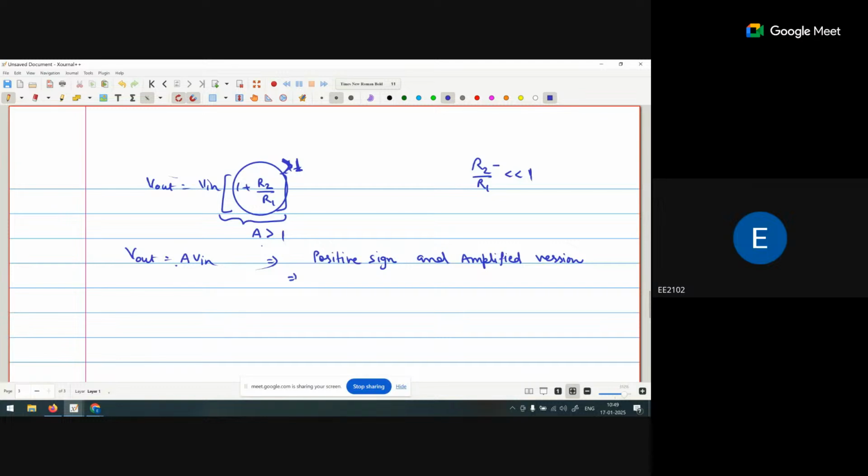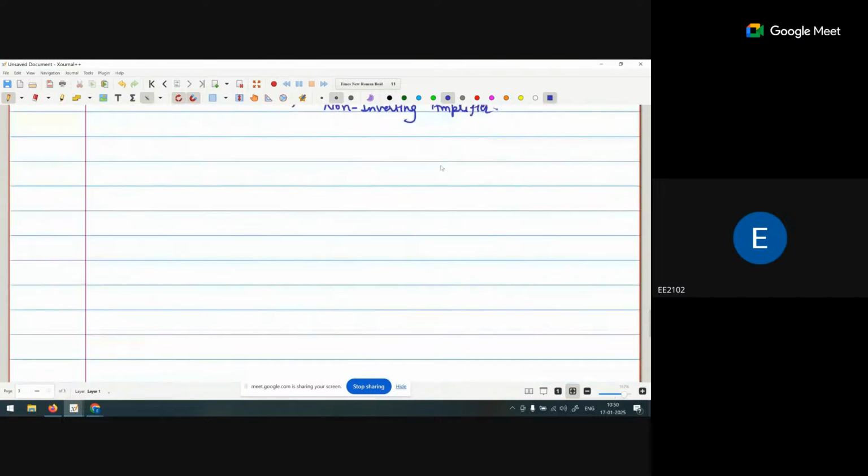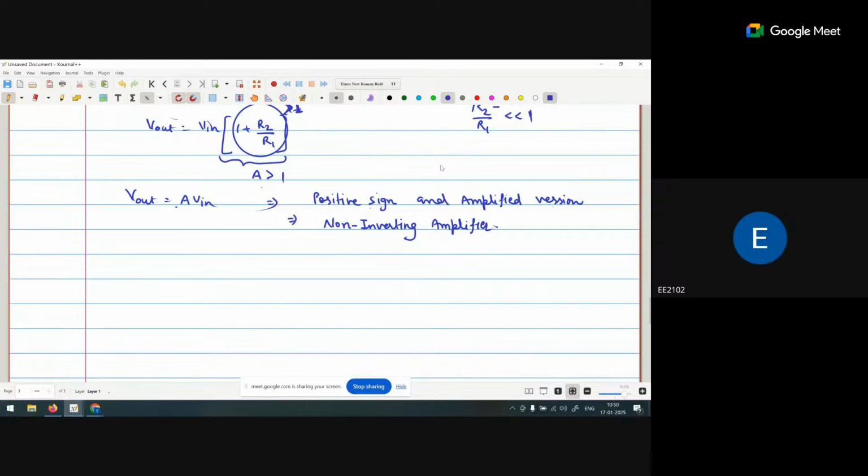Due to the positive sign, there is no inversion, so it is called non-inverting, and due to the amplification it is called the amplifier. So there are two types of amplifier: non-inverting amplifier and inverting amplifier.